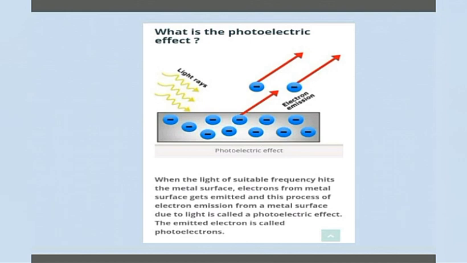Here the emitted electrons are called photoelectrons, and current produced due to flow of these photoelectrons is called photocurrent.